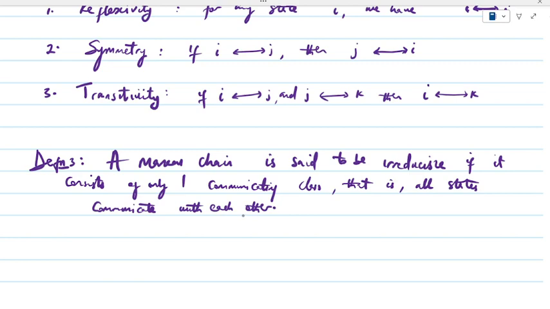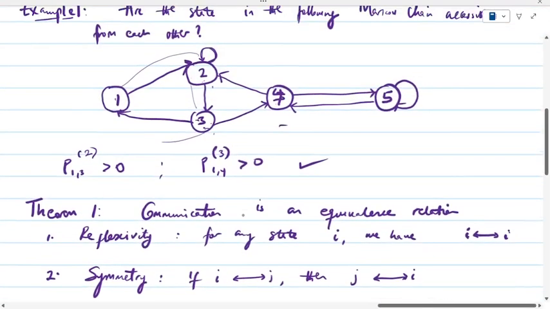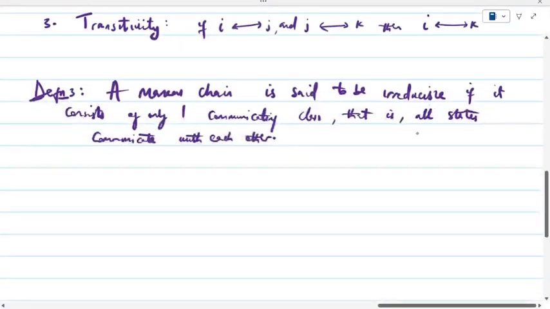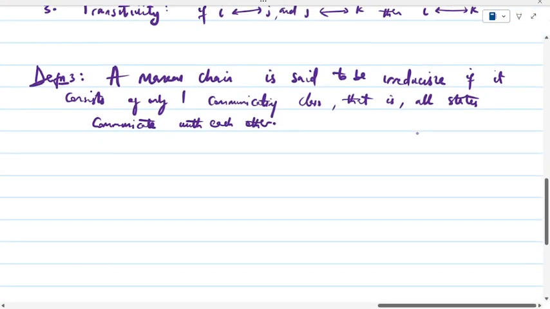So just like the previous example, in this example 1, we see that all states communicate with each other. Then we call this Markov chain irreducible. Take note of that.